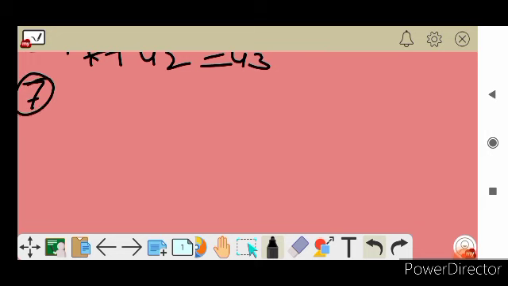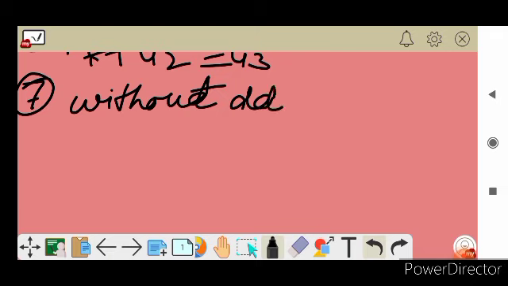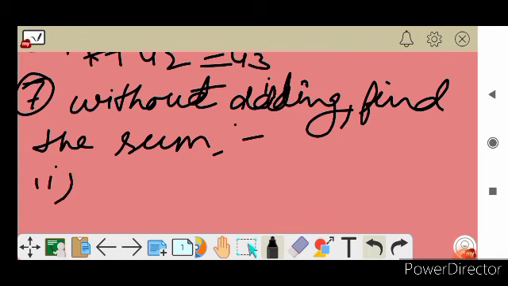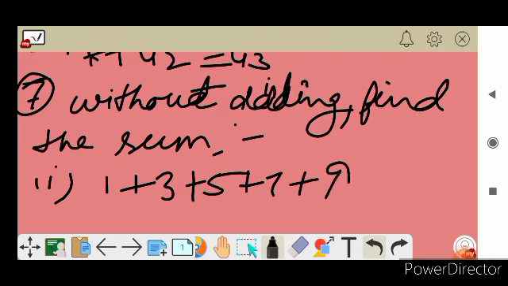In question number 7, find the sum without adding. We will solve the first one here: 1 plus 3 plus 5 plus 7 plus 9.